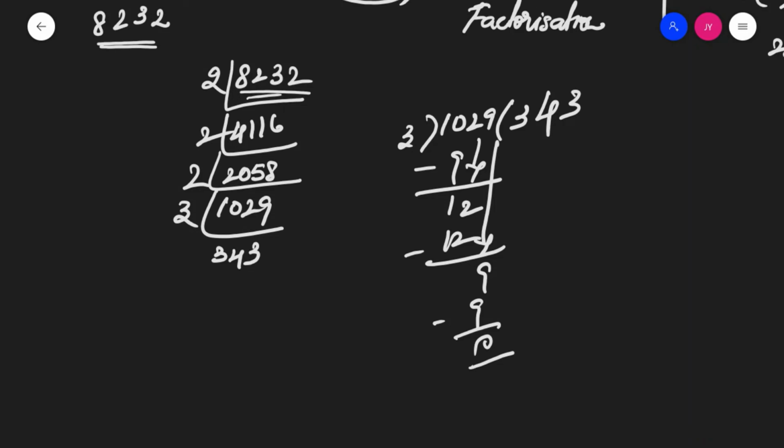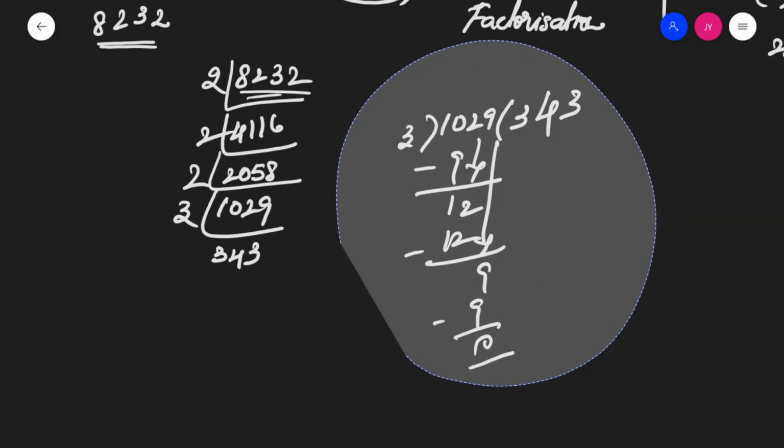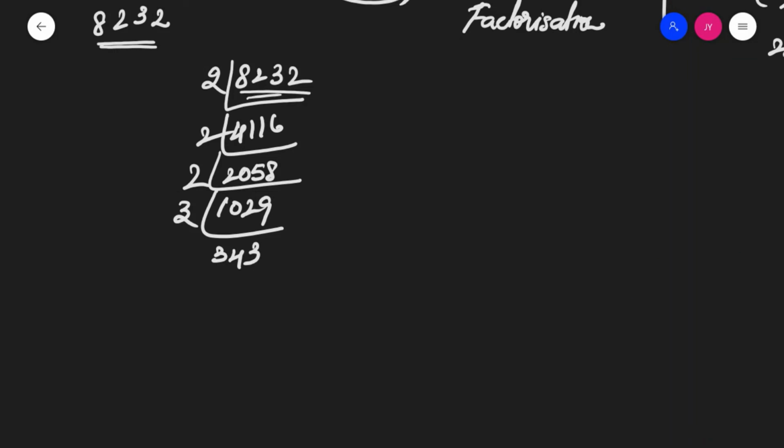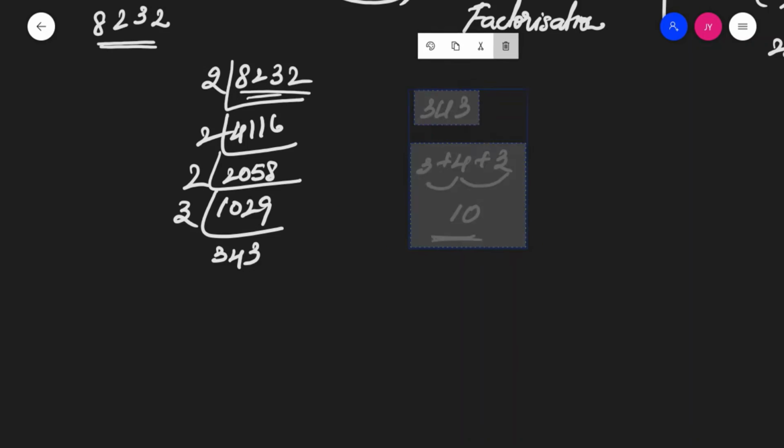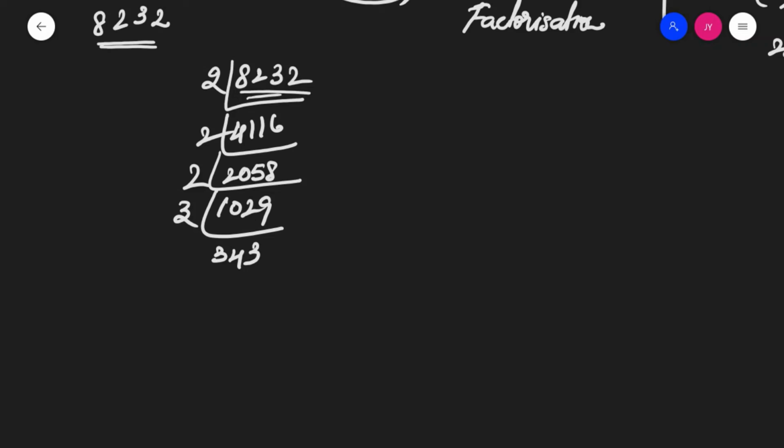Can you divide 343 by 3? Let us add the digits. 343: 3 plus 4 plus 3. 3 plus 4 is 7, 7 plus 3 is 10. Can we divide 10 by 3? No, we cannot divide 10 by 3. So what is the next least prime number which can divide 343? We have 2, 3, 5, 7. We can't divide 343 by 5. So the next number is 7. Right?